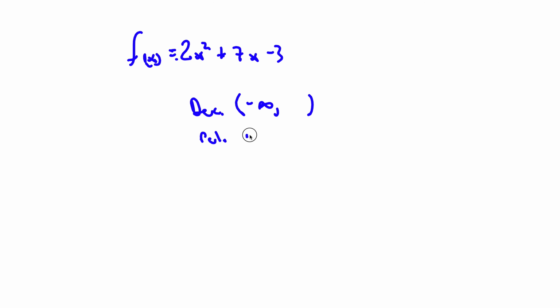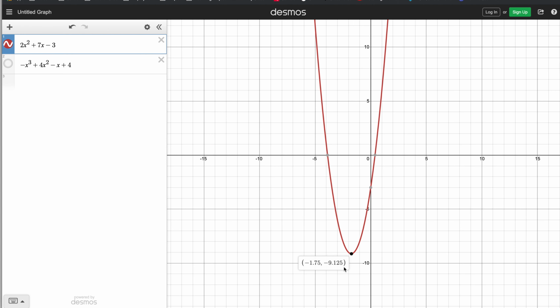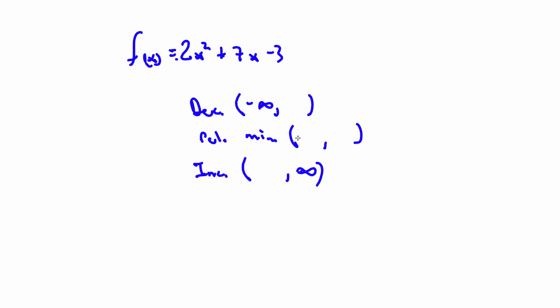It's got a relative min at that x, y, and then it's increasing on the interval to positive infinity. Because we know this point, negative 1.75, negative 9.125, that means it's decreasing up until, and this is where you have to be careful, the x value, because this is always in terms of the x value, and then after that x value, it's increasing. Nice and simple. Okay?